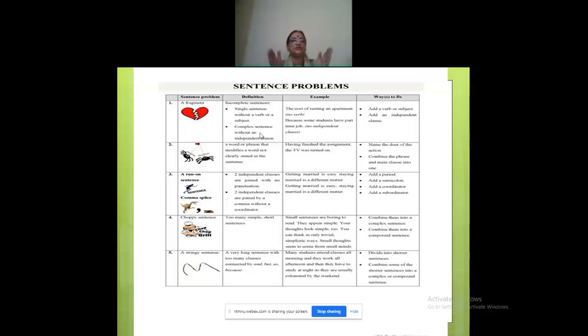Your sentences should be very apt. Example of a very long sentence: many students attend classes all morning, they work all afternoon, they have to study at night, so they are usually exhausted by the weekend. Now, this can easily be broken into two sentences. So that is why our sentence construction matters.